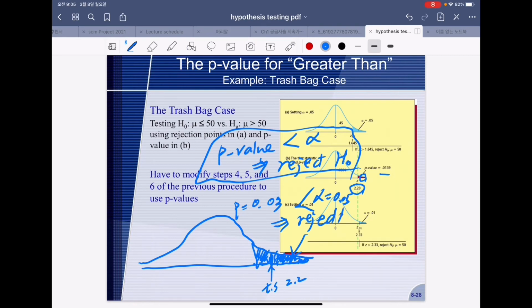So a smaller p-value means you have good results, because there is a good chance that you reject the null hypothesis. Rejecting the null hypothesis means you are accepting your alternative hypothesis, which you support.